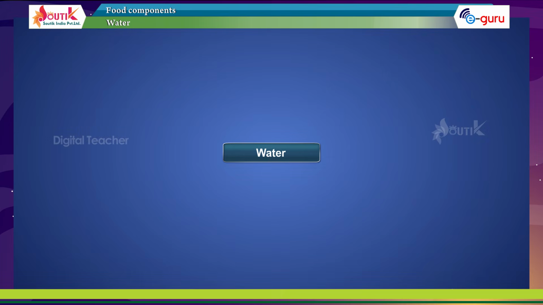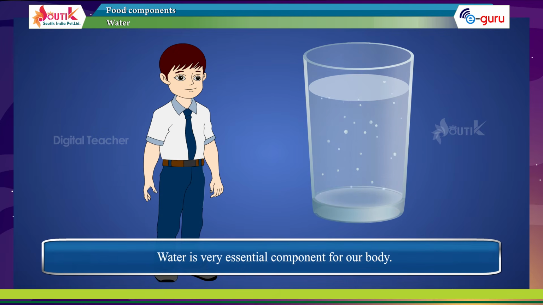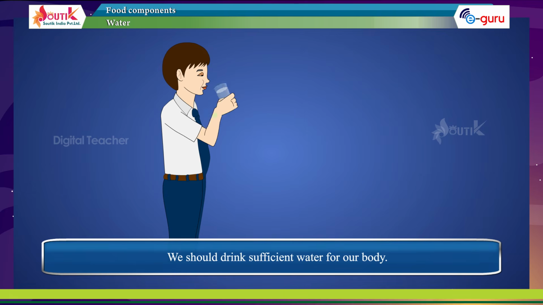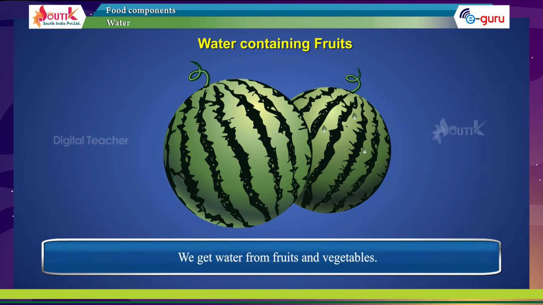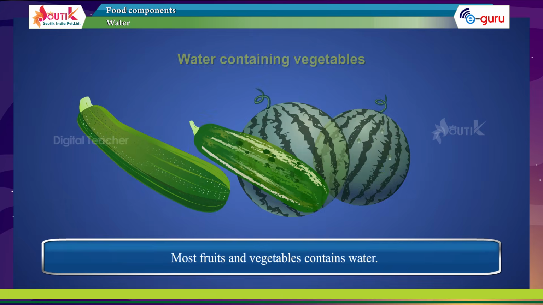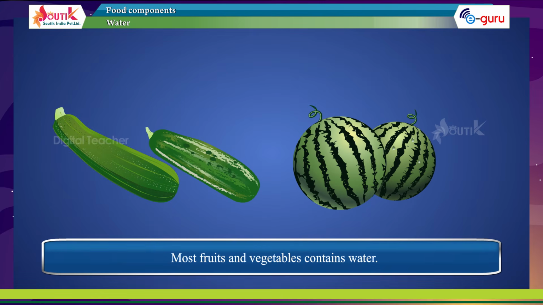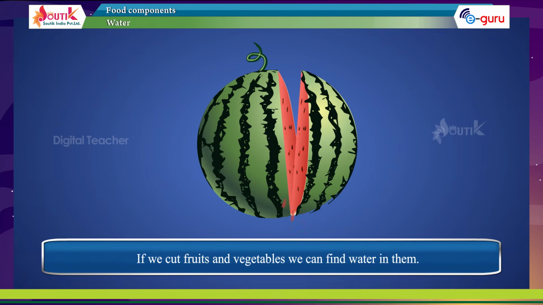Water. Water is a very essential component for our body. We should drink sufficient water for our body. We get water from fruits and vegetables. Most fruits and vegetables contain water. If we cut fruits and vegetables, we can find water in them.